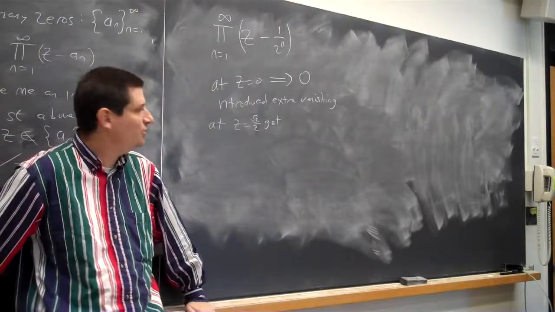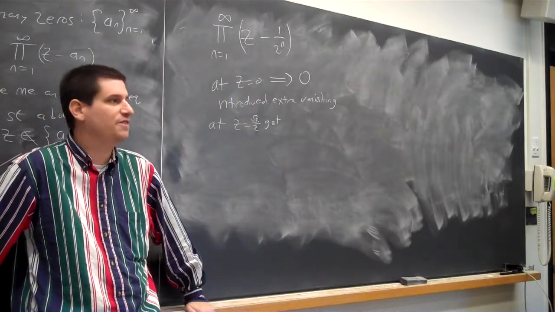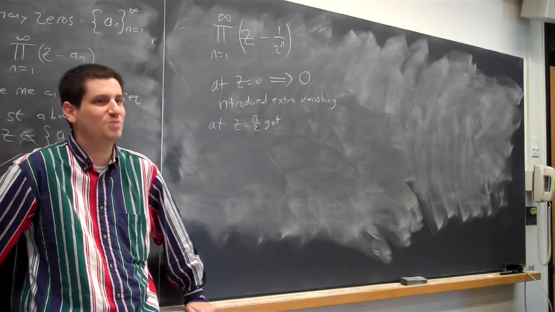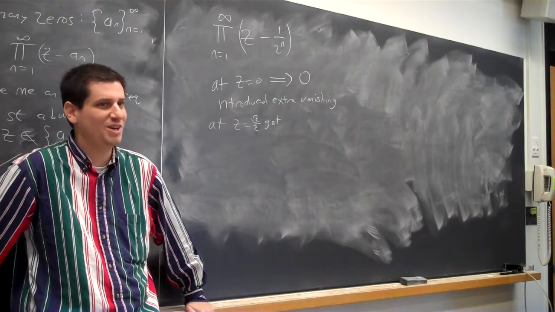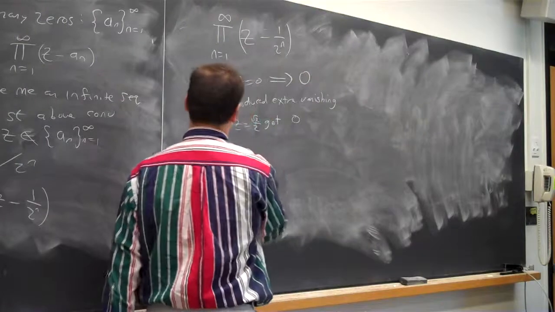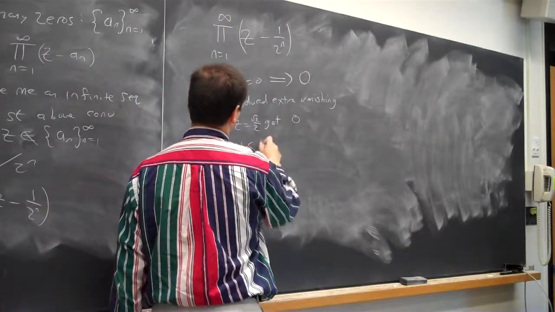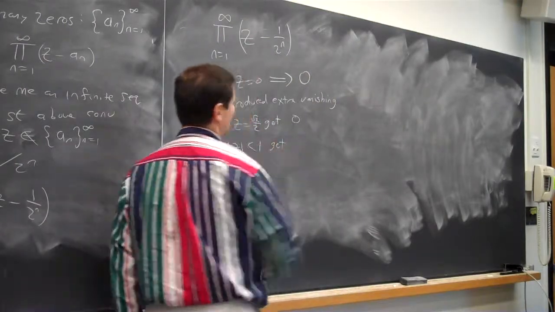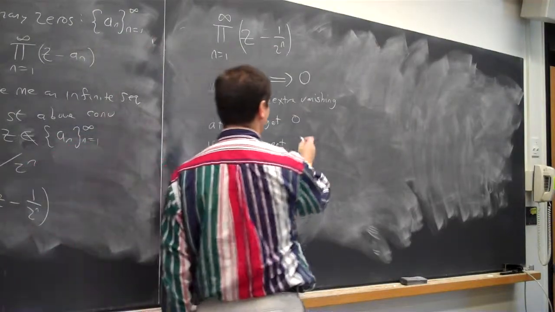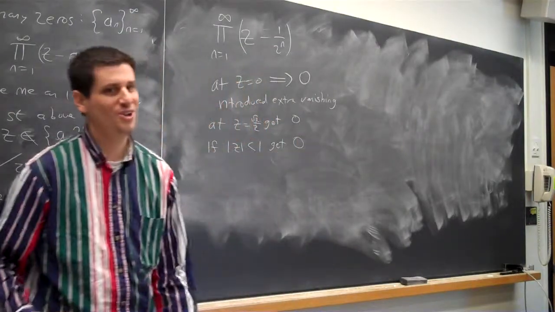If I take root 2 over 2, do you agree that eventually every factor is less than 3/4? And I keep multiplying something at most by 3/4, by 3/4, by 3/4. What do I get? If the absolute value of z is strictly less than 1, what do you think we get? 0. Nice exercise to show that you get 0.